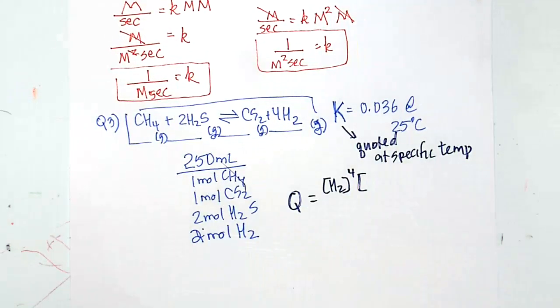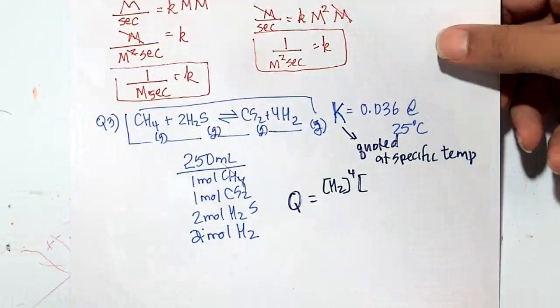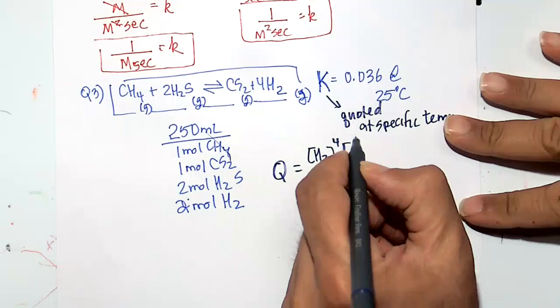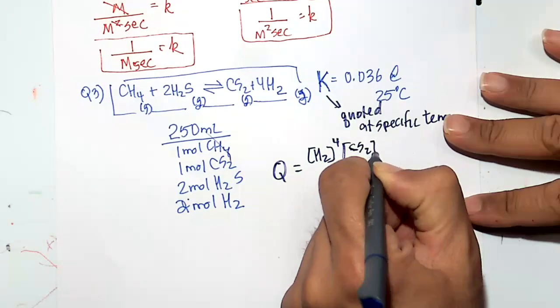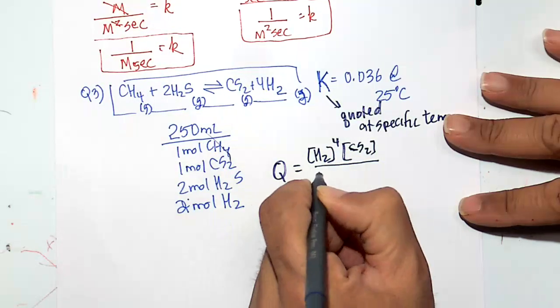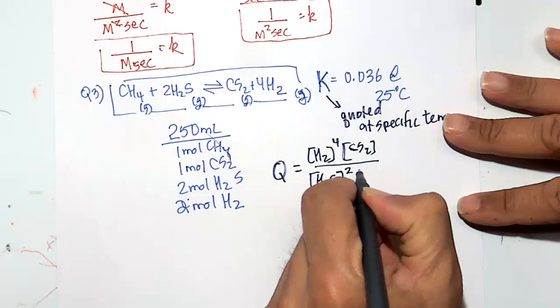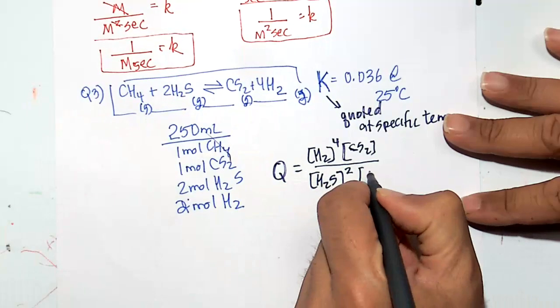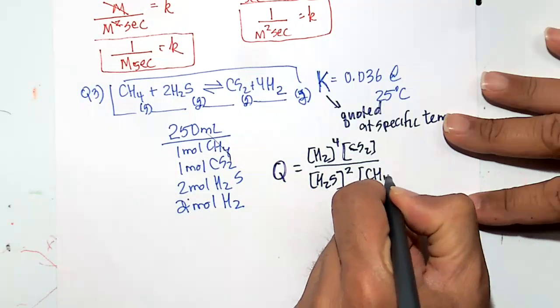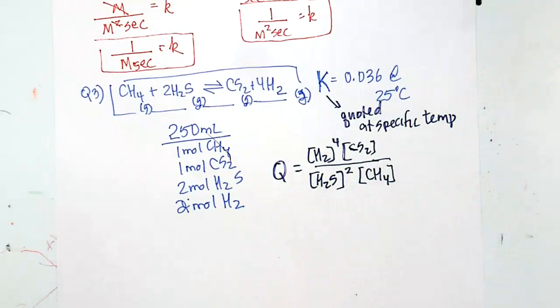What should I do with that CS2? First power. Products over reactants. What should I do with that H2S? Correct. What should I do with that CH4? To the first power. Okay?